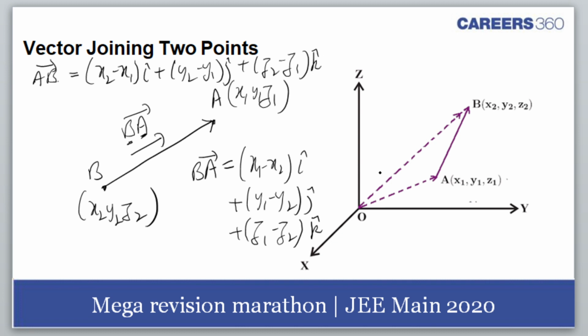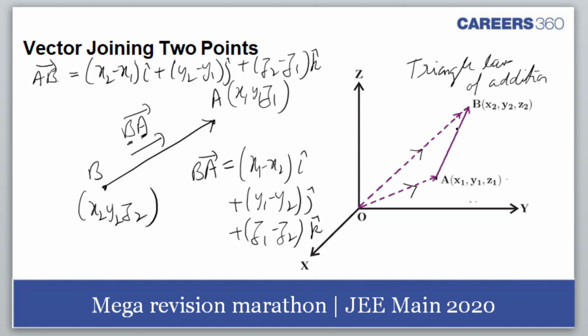So here it has been shown why it happens like that, because A's position vector would be this, B's position vector would be this. If I make use of the vector law of algebra, the triangle law of addition, which we always call addition, and here we also use it for subtraction.